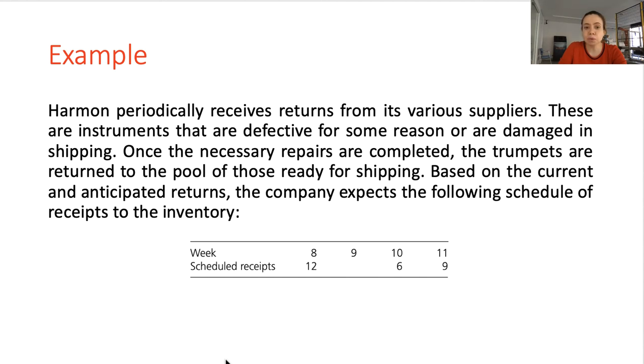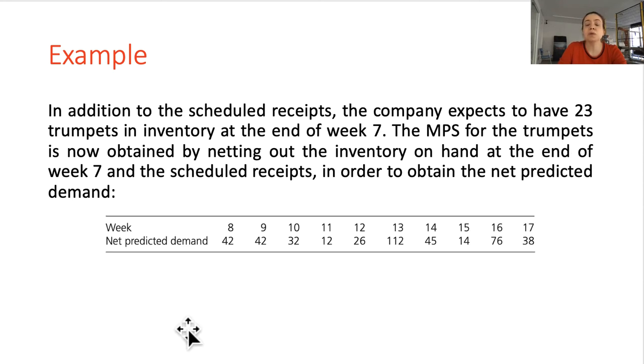Based on the current and anticipated returns, the company expects the following schedule of receipts to the inventory, as given in this table. Moreover, the company also expects to have 23 trumpets in inventory at the end of week 7. According to this data, we will calculate the MPS for the trumpets.